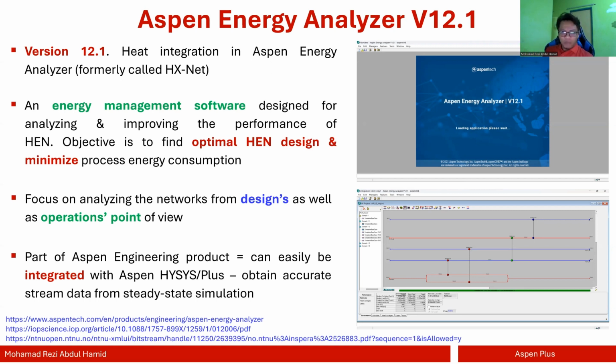You can use it from two modes. The first is the design mode, where you simply design your network and it spits out the output along with other information. The operation point of view I will explain later. The good thing is that Aspen Energy Analyzer has been integrated within Aspen Plus.